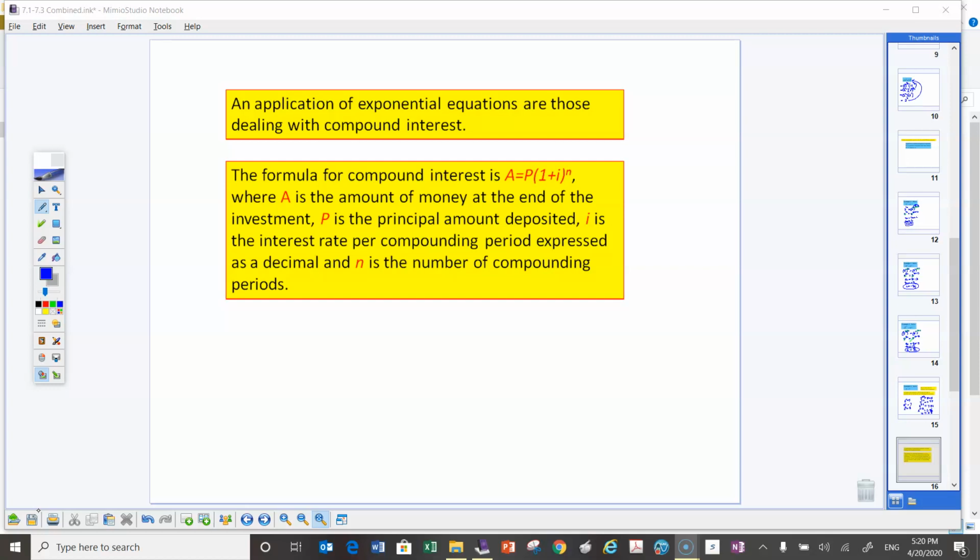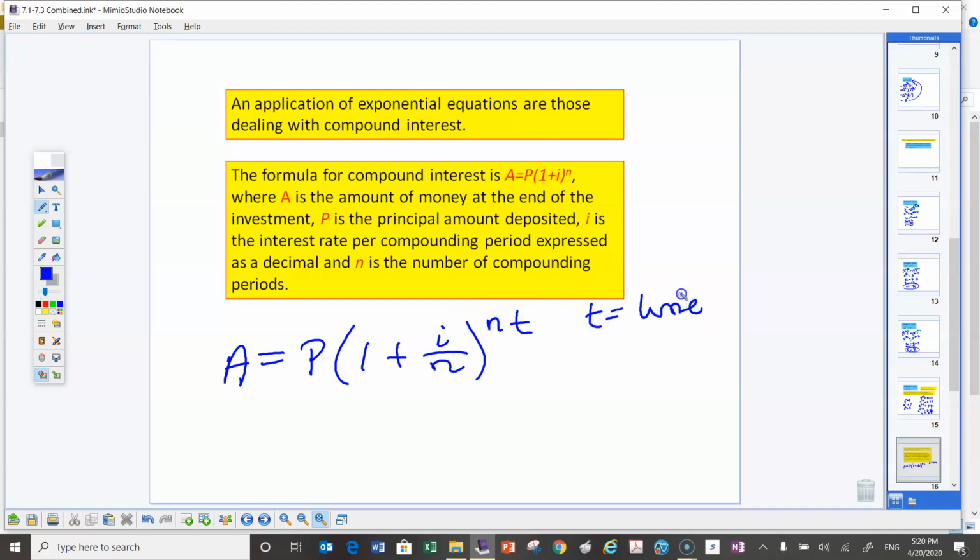Now, another formula that's similar to this one is A equals P(1 plus i divided by n) raised to the n times t, where t is equal to time, and the rest of the variables are the same as they are outlined above. I like using this formula better, and I'll show you as we work through the next example.